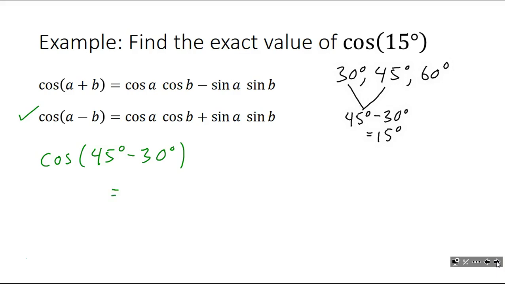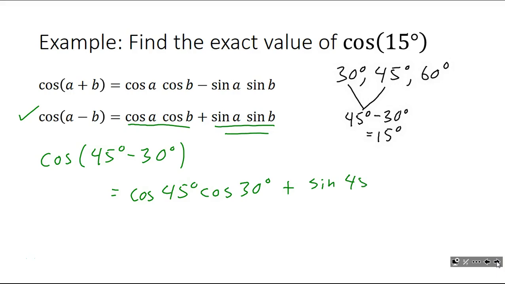And so that second formula says it would be the cosine of the first of those angles times the cosine of the second of those angles. Then it is a plus sign, and then it is, notice, the sine of each angle multiplied. So the sine of 45 degrees times the sine of 30 degrees.